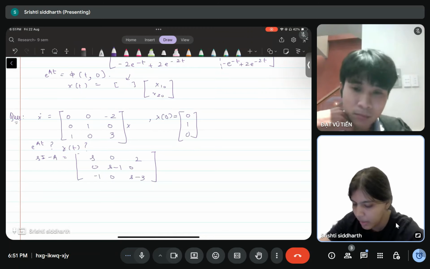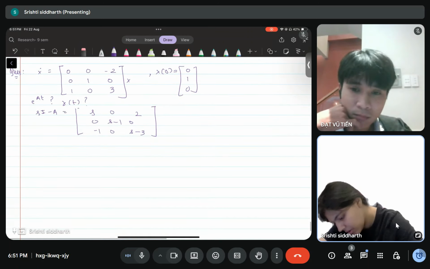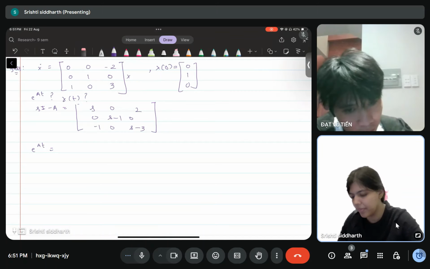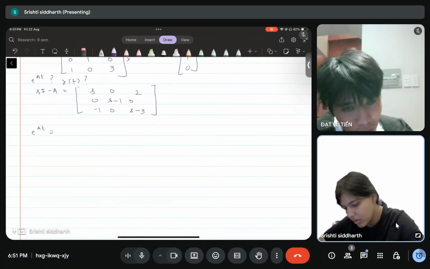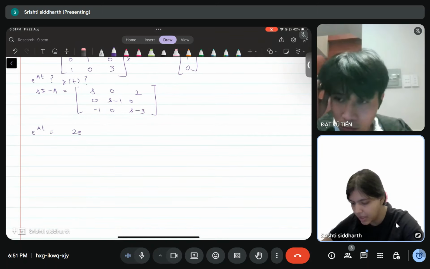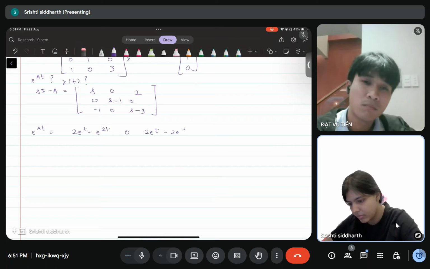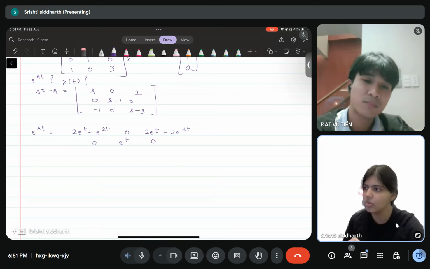So I'm not going to do the partial fraction expansion, but I'll write down the final expression for e to the power At. This is 2 e to the power t minus e to the power 2t, 0, e to the power t, 0.